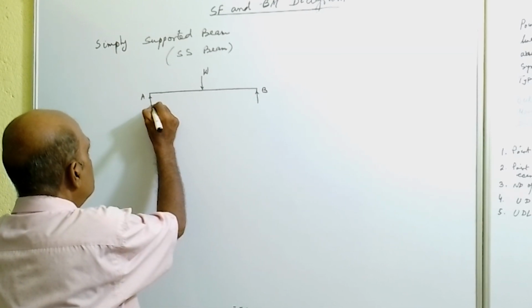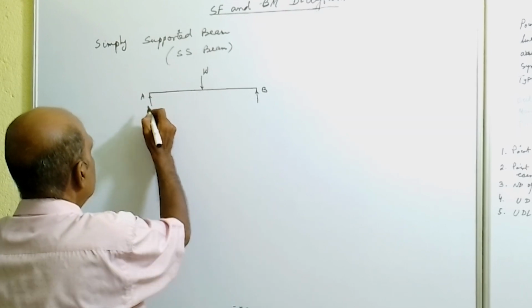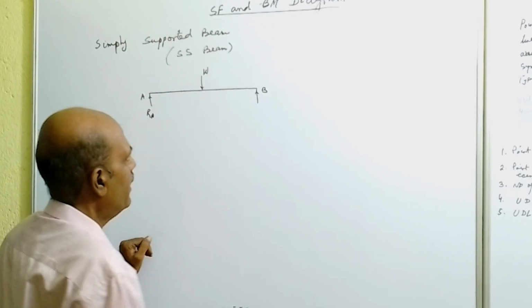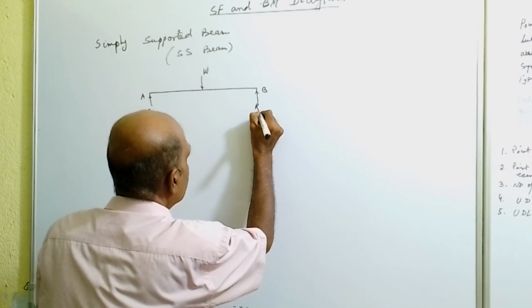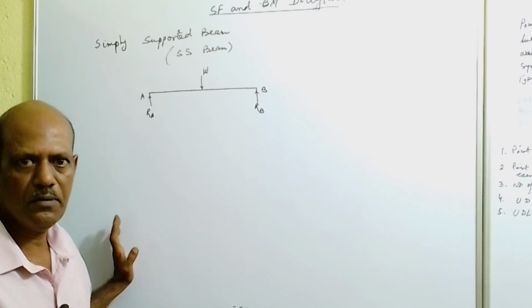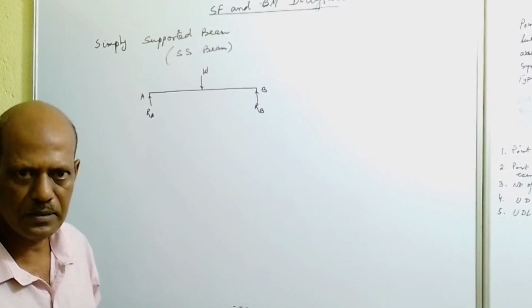Now on the supports, reactions will develop. Say RA is the reaction developed at support A and RB is the reaction developed at support B. The beam is in equilibrium, so there are two static equations.